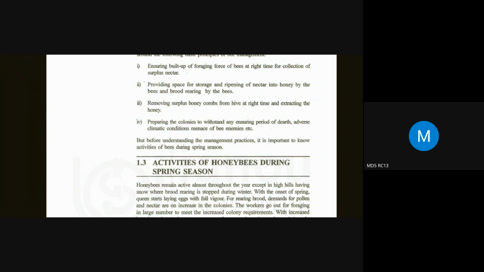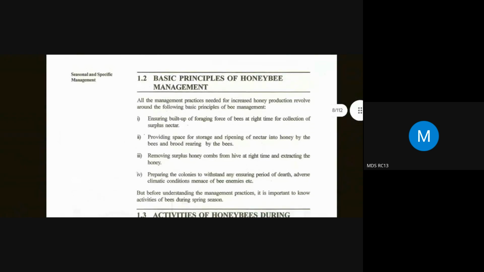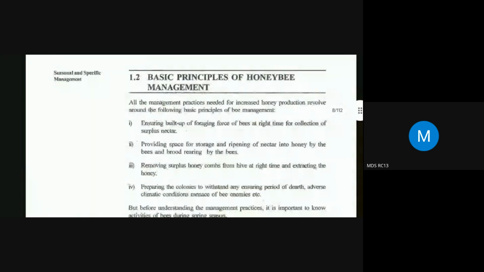In this time, more egg laying happens in the initial stages of the spring season, and immediately after flowering starts, the foraging activity of honeybees will be very good. By that time, we have to provide more frames, more combs for collection of honey and pollen, as well as for egg laying.